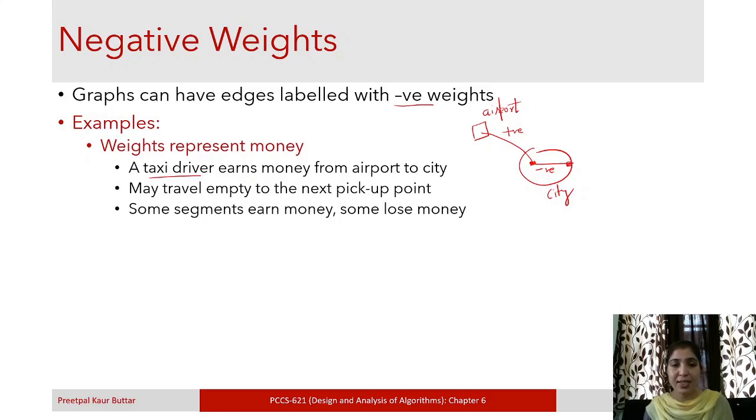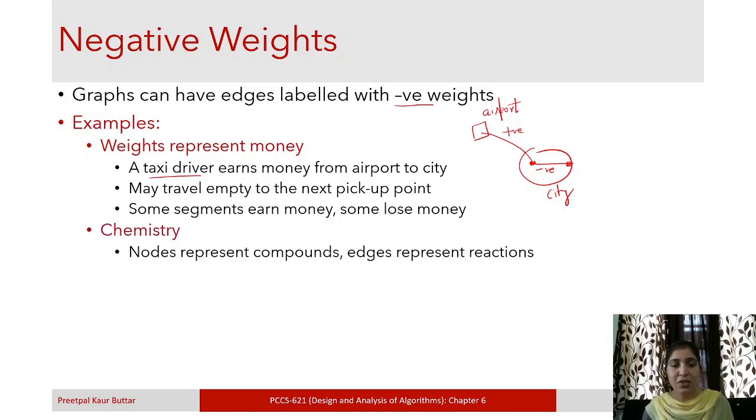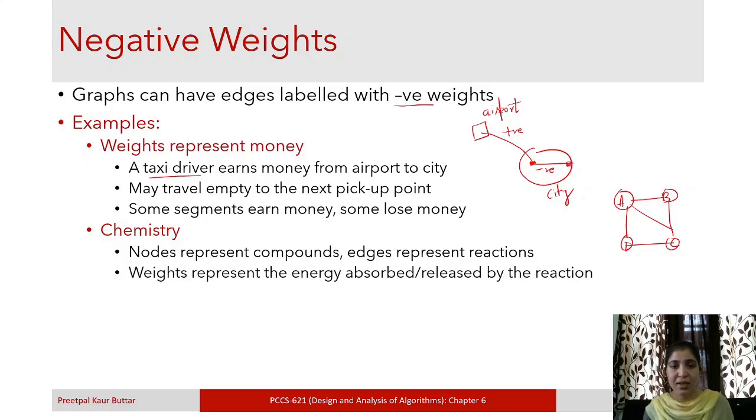Let us consider one more scenario: chemistry. Suppose nodes represent the compounds, and edges represent the reactions: compound A, compound B, compound C, compound D. The weights represent the energy absorbed or released by the reaction.